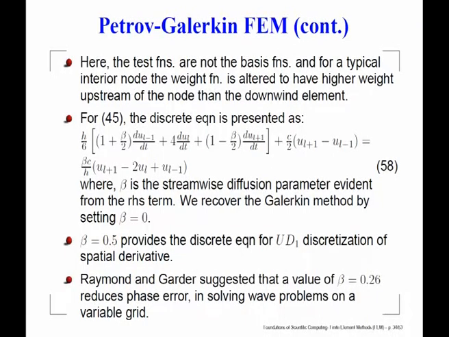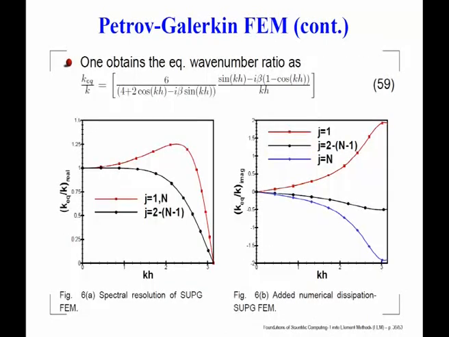And these two gentlemen from the weather prediction side did some analysis on the wave propagation problem, and they suggested that you choose beta equal to 0.26 and you get pretty good results. Okay, we will see such results shortly, but before we do that, we can find out that this Petrov-Galerkin method gives us a k equivalent by k given by this function.